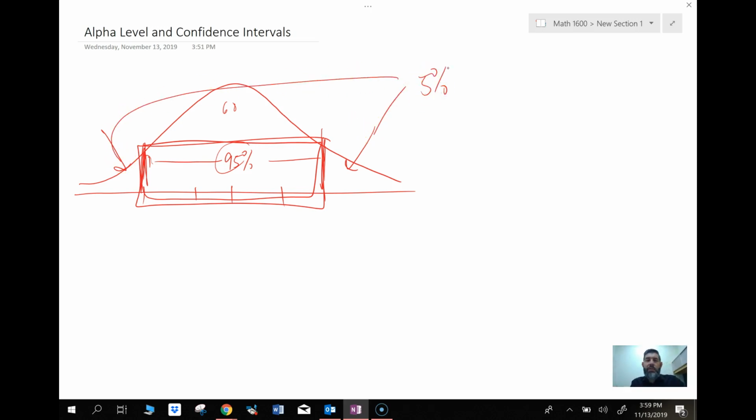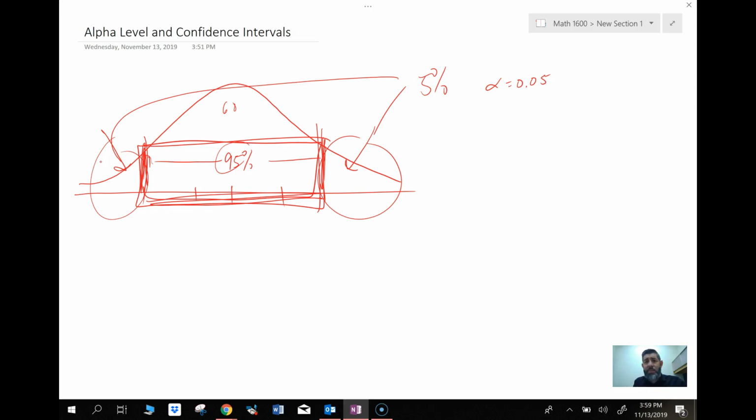If you've taken some statistics, they've talked about our basic alpha level being 5%. They get that basic alpha level from the fact that 95% in between here is within 2 standard deviations of the mean. Anything more than 2 standard deviations from the mean is going to be rare. So that's our baseline.